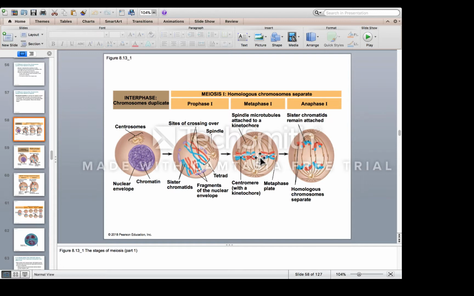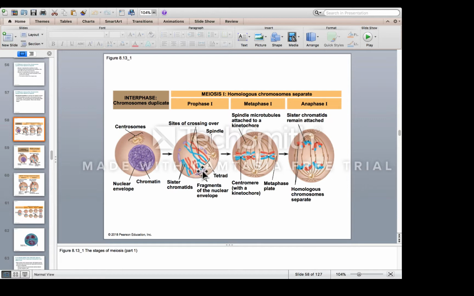In metaphase 1, you're starting to see that the chromosomes line up at the metaphase or equatorial plate. The spindle fibers or asters will start to appear from the centrioles. In anaphase 1, the sister chromatids will start to separate. And you also notice here in prophase 1 of meiosis 1, you see those crossing over right here?